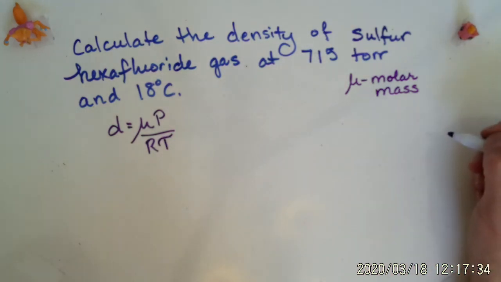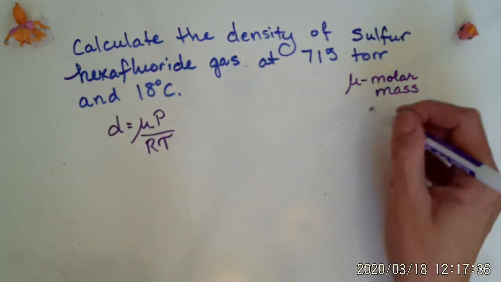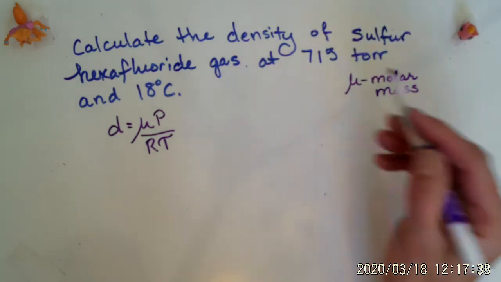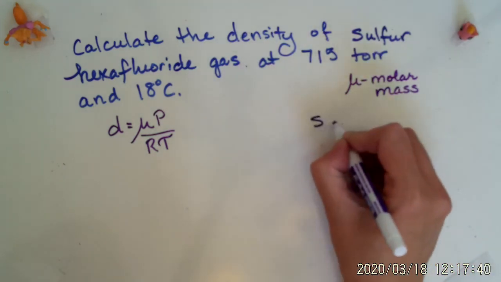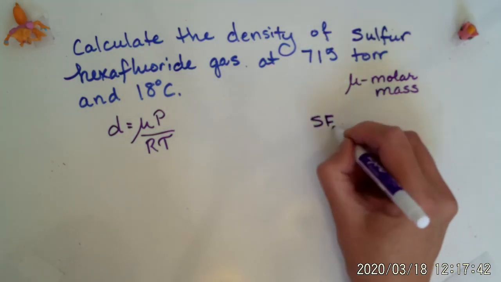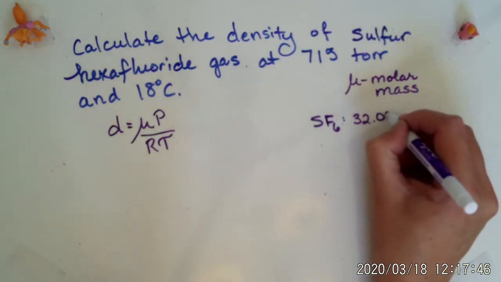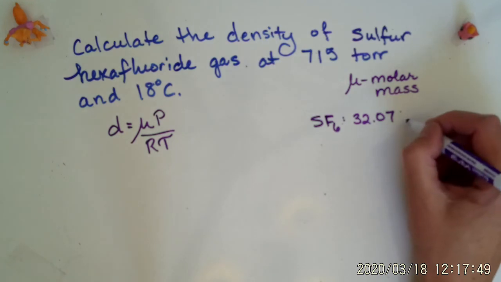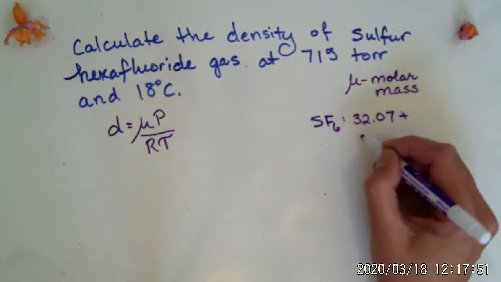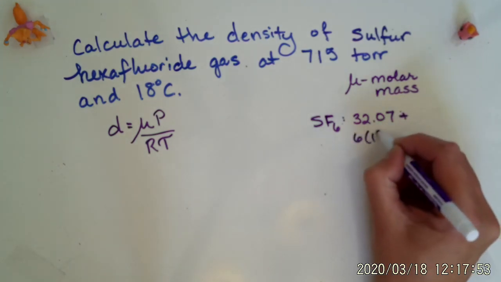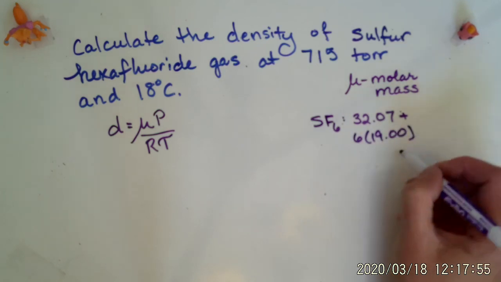Okay, so basically, let's take a look. The molar mass, this is sulfur hexafluoride. So that's 32.07 grams per mole plus 6 times 19 grams per mole.